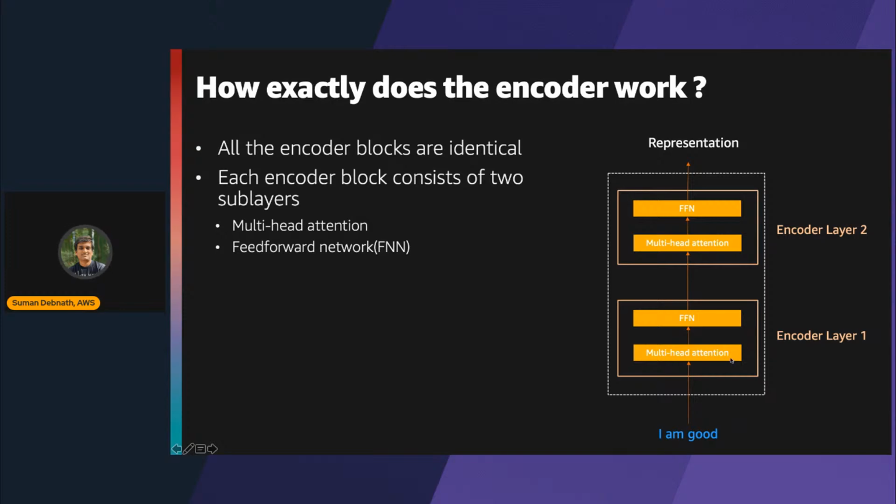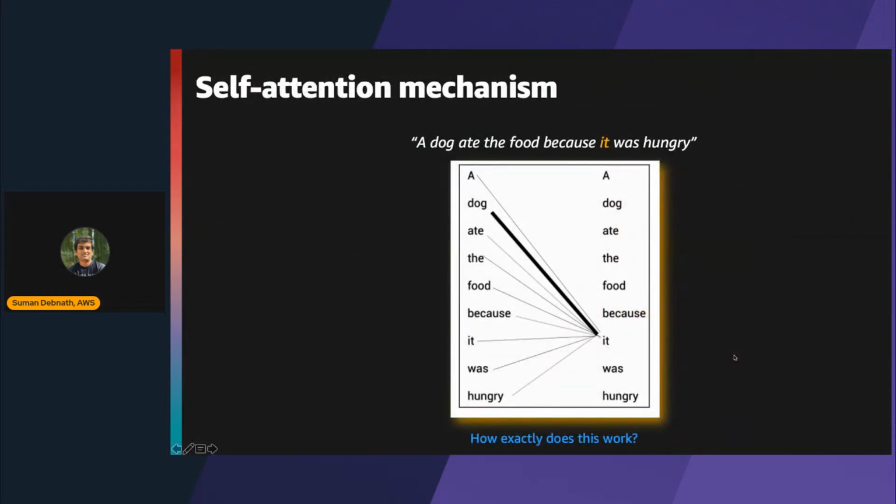Now you may ask, what is this multi-head attention? Before we get into that, we first have to learn what is self-attention. This is the core of the transformer. If you understand this, I think half of the task is over.